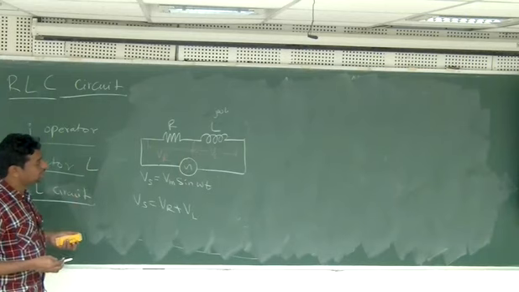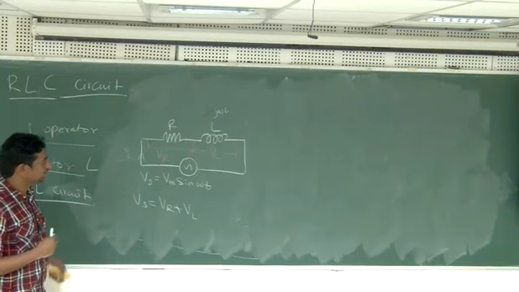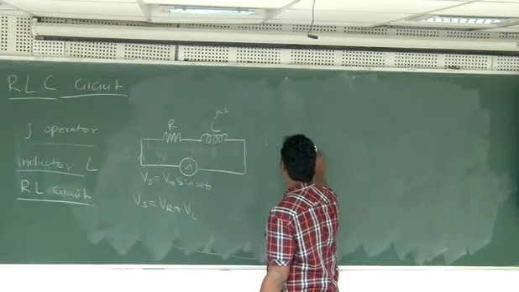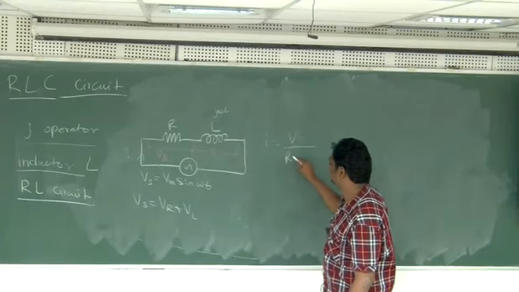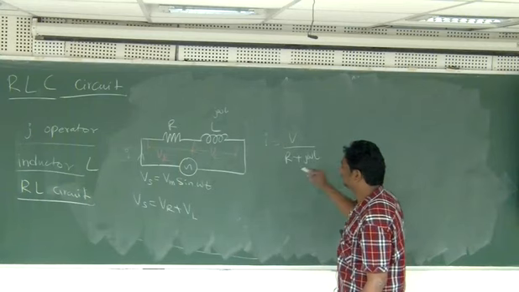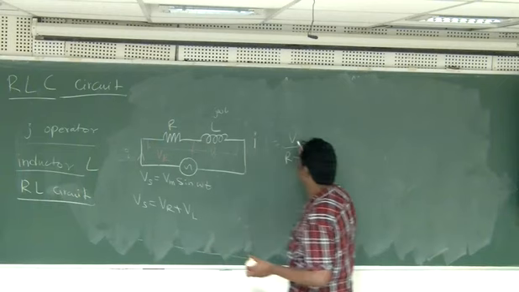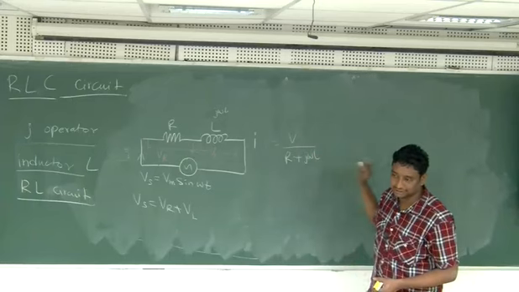So now I can apply Ohm's law. See, the question is the same. How much is the current? By simple Ohm's law, I can write I equal to V by the total impedance. So that is R plus j omega L. So here I can write I RMS is nothing but V RMS by this one, or I maximum is nothing but V maximum by this one.